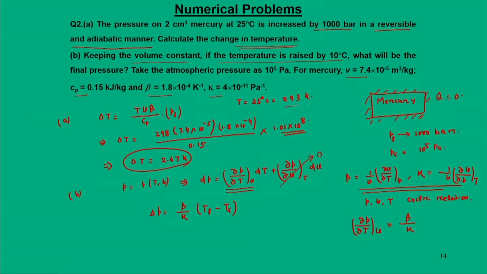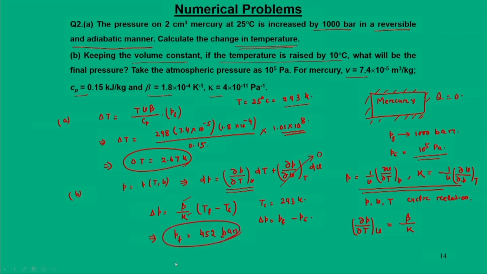Ti is already given, 293, beta is given, kappa is given. So, from this we can find out delta P, and delta P is equal to Pf minus Pi, and Pi is 10 to the power 5. From this we can find out the final pressure would be about 452 bar.